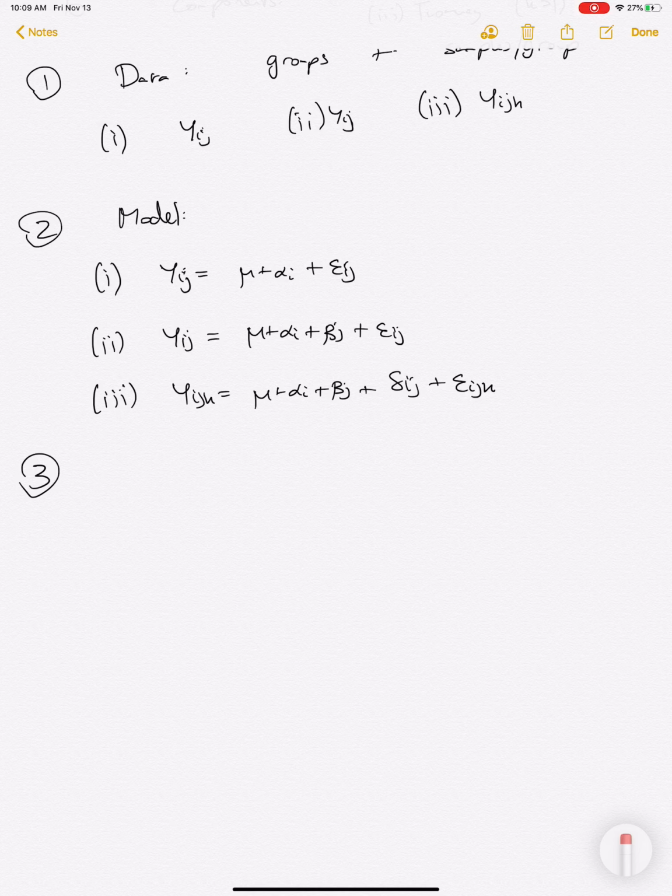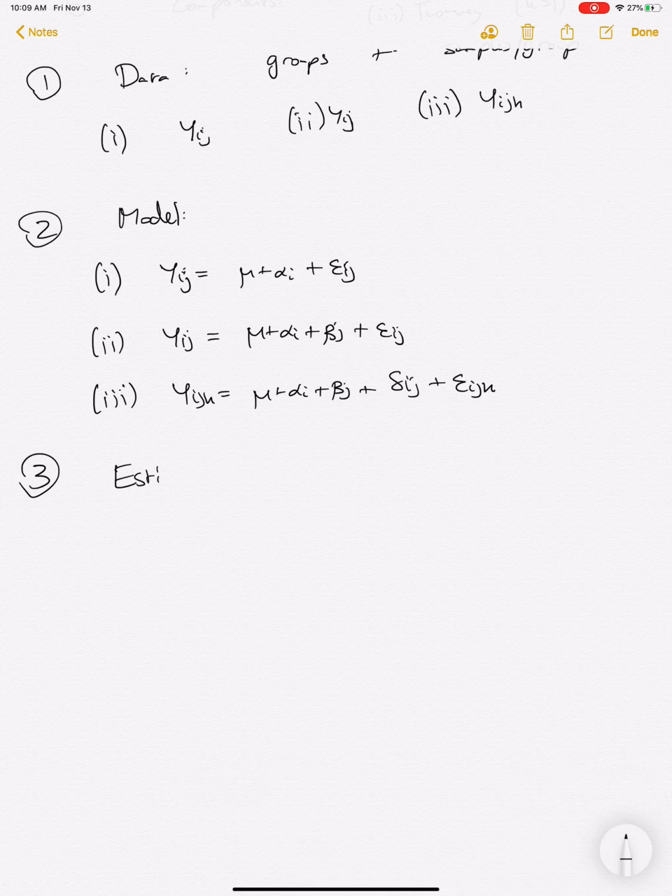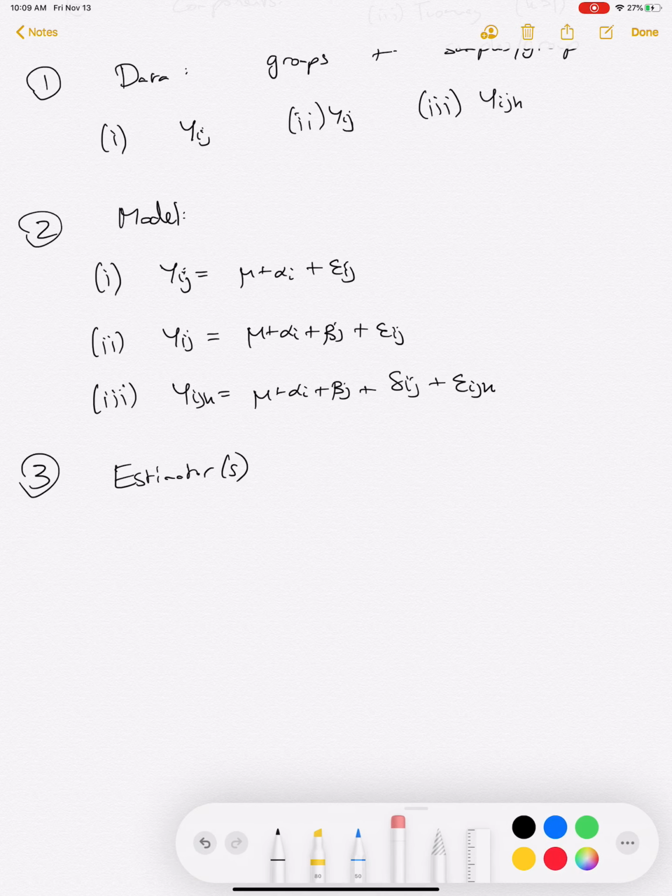The third component is the estimators, and they are all basically related to the overall means or means of groups.